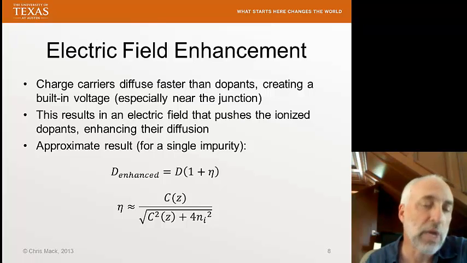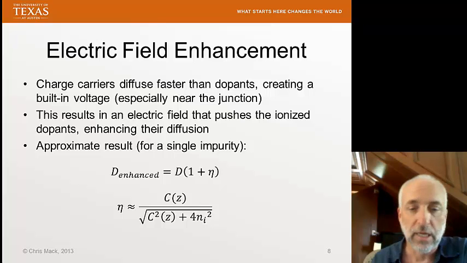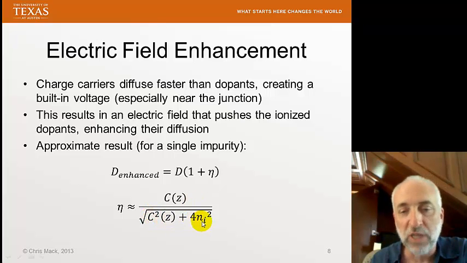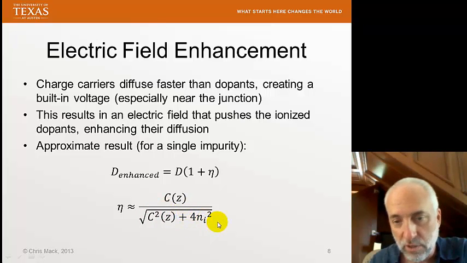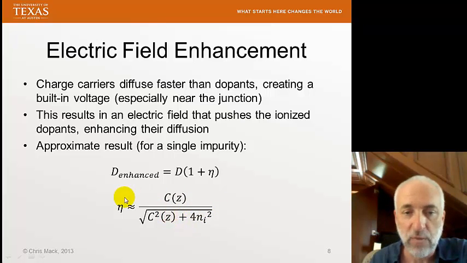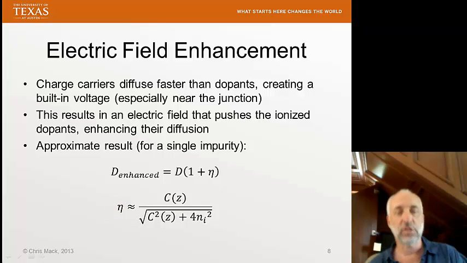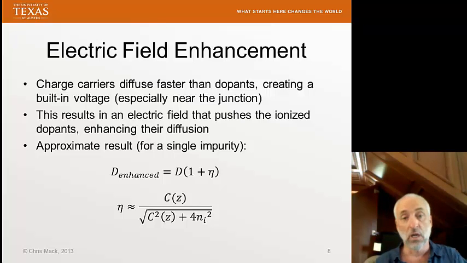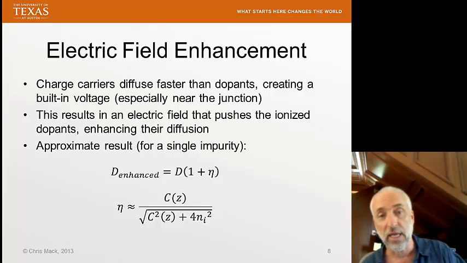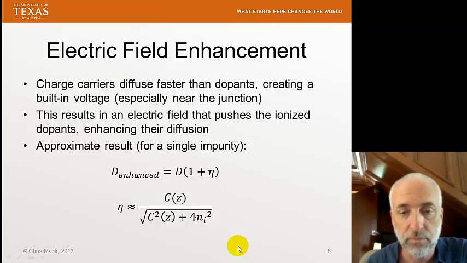In a situation, for example, when C is much bigger than Ni, which happens a lot, then this term, the intrinsic carrier concentration, is negligible, and we get eta of about equal to 1, and the diffusivity is enhanced by about a factor of 2. As the doping level goes down, this enhancement becomes less.